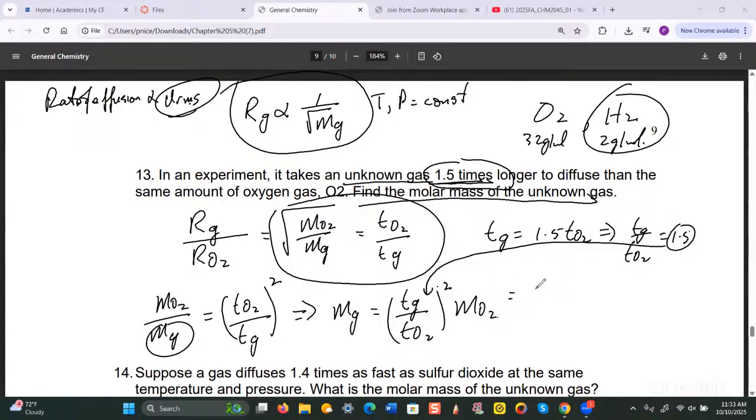And of course, we know the molar mass of oxygen. So we just plug the numbers in, 1.5 squared multiplied by the molar mass of oxygen, which is 32.00 grams per mole. So that gives us 1.5 squared multiplied by 32. And according to my calculation, rounded off to 2 sig figs, the answer is 72 grams per mole. And that's how that is done.